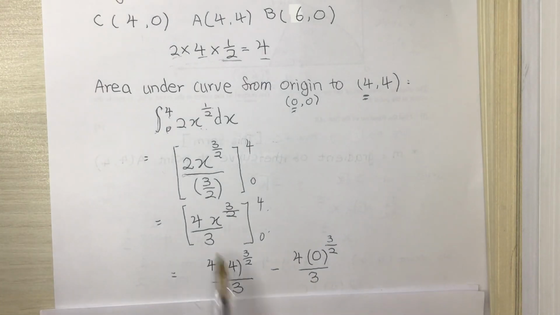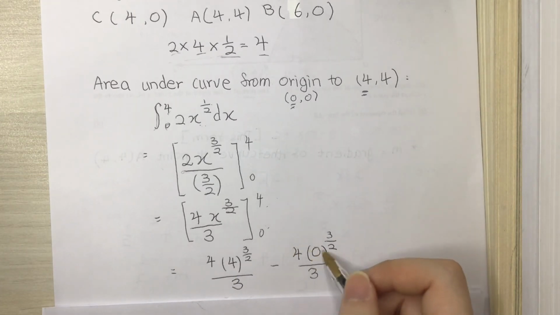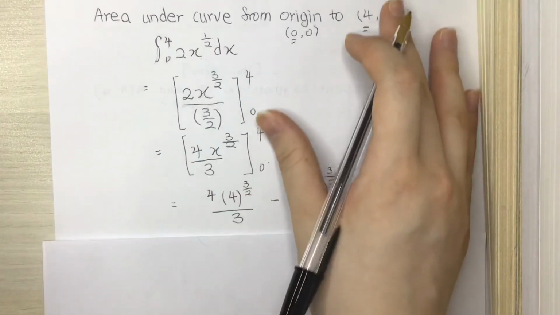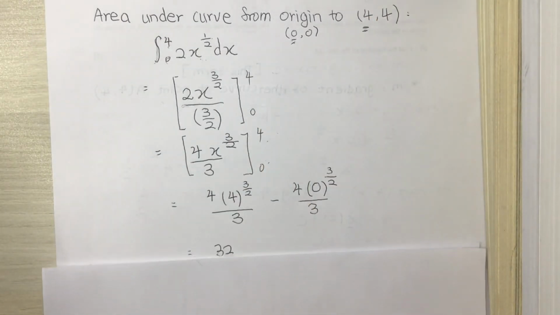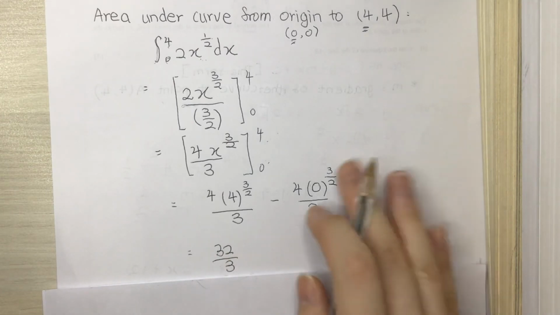So after I simplify it, I substitute it. Since everything multiplied by 0 is equal to 0, in the end, this is the only part we have to worry about. So press your calculator, and you'll be able to find 2/3.